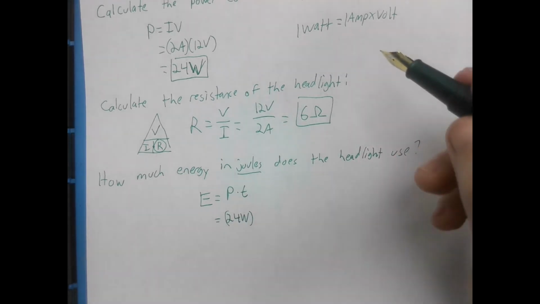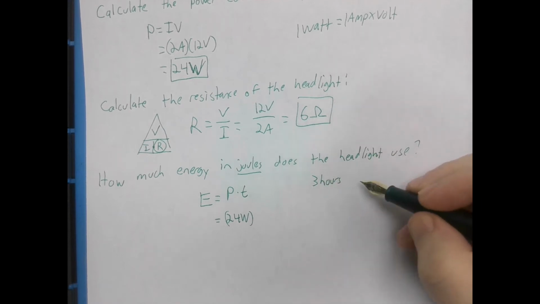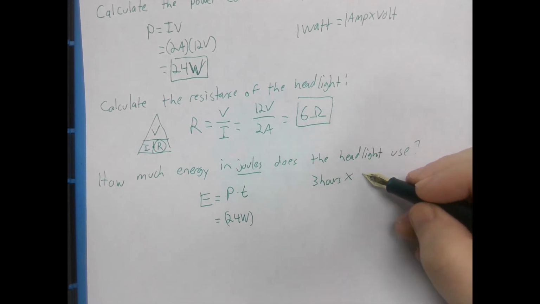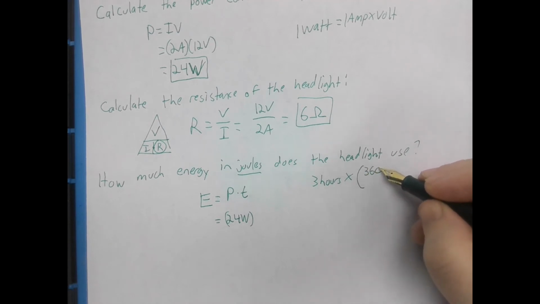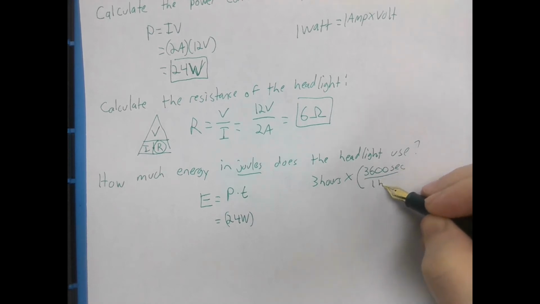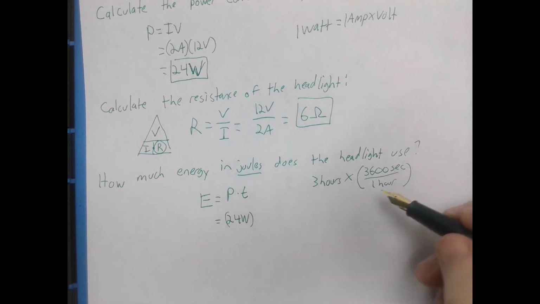And we need to convert 3 hours into seconds. So I'm going to multiply by 1. The one I'm choosing is 3,600 seconds over 1 hour. There are 3,600 seconds in 1 hour.